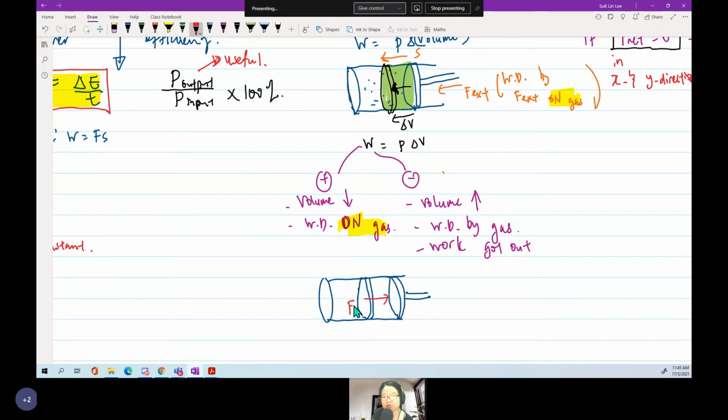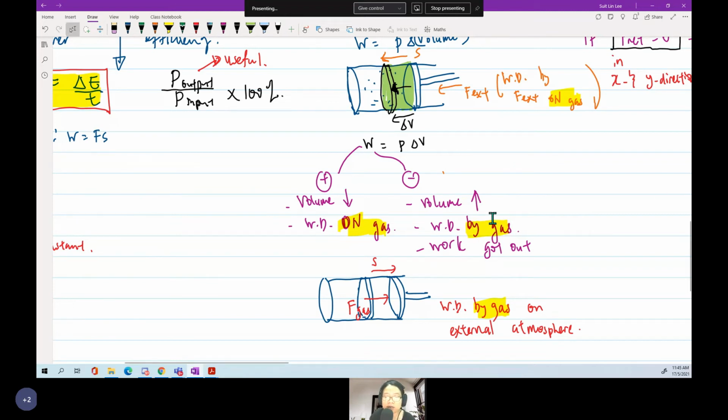So this is force from the gas, collision of the tiny, tiny gas particles. And this is the direction of S. So this is work done by the gas on the external environment, so it's the atmosphere. So work done by the gas.